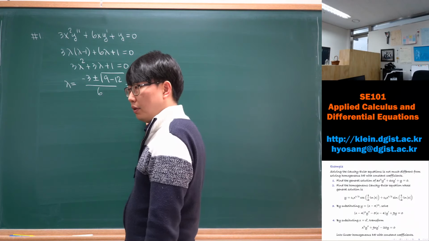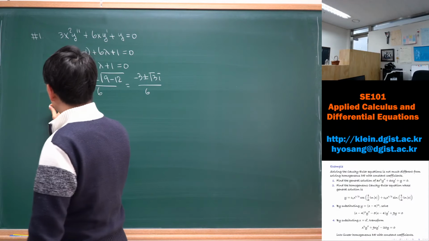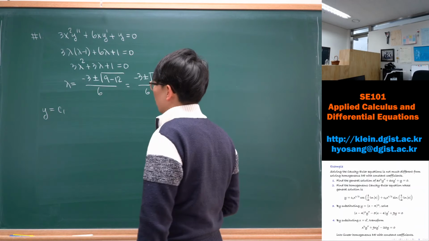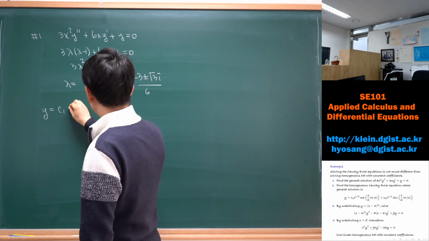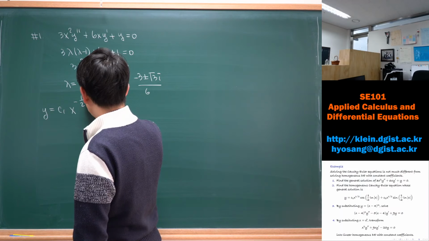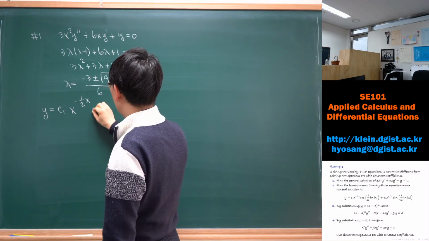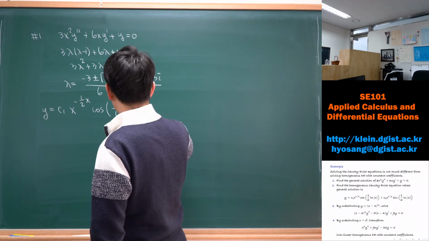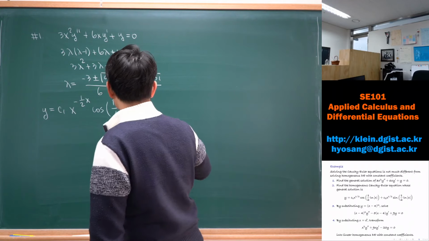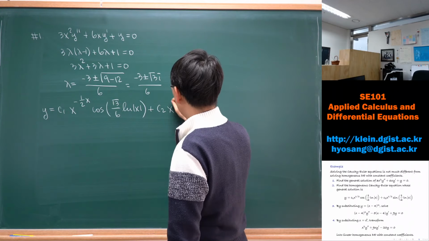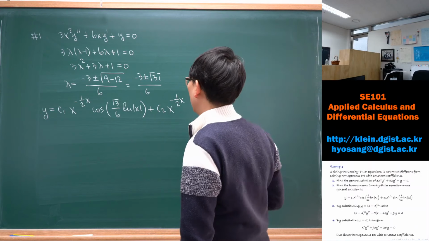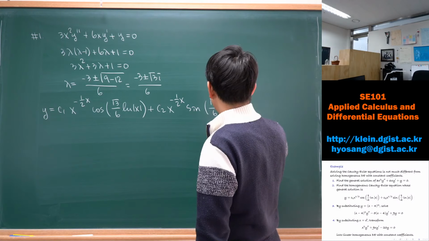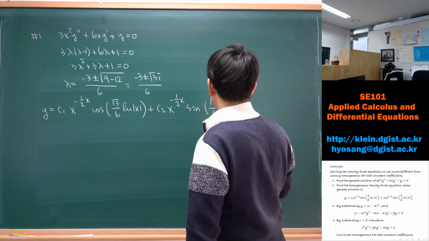When you have these complex roots, the fundamental solutions are, well, let me just put the general solution right away. So we have c1 x to the minus 1 over 2, don't forget x here, times cosine of square root of 3 over 6 ln x, plus c2 x to the minus 1 over 2 times sine of square root of 3 over 6 ln x.